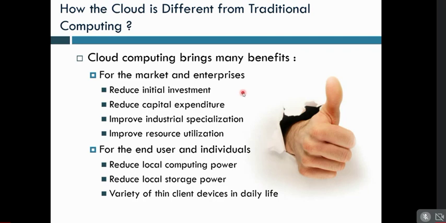These are some key factors which help us understand how cloud computing gives many benefits to enterprises. Till now we have only discussed enterprises.